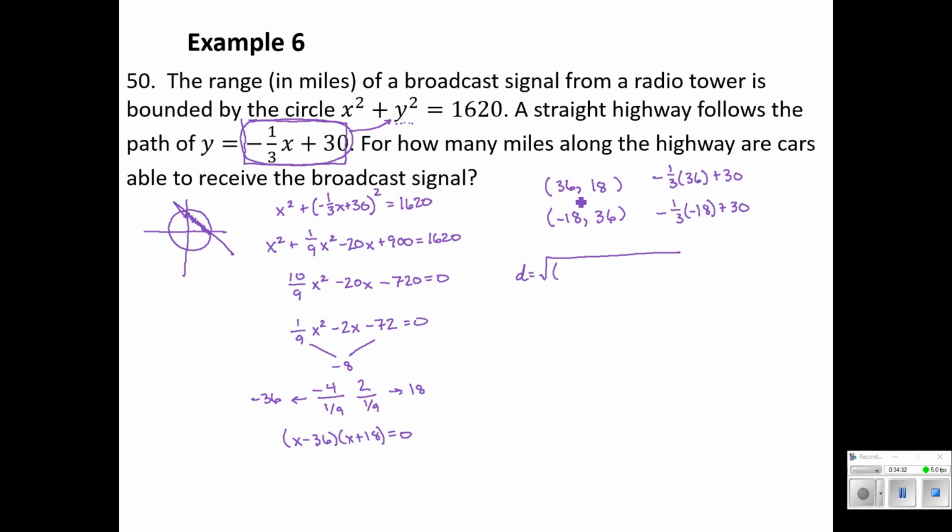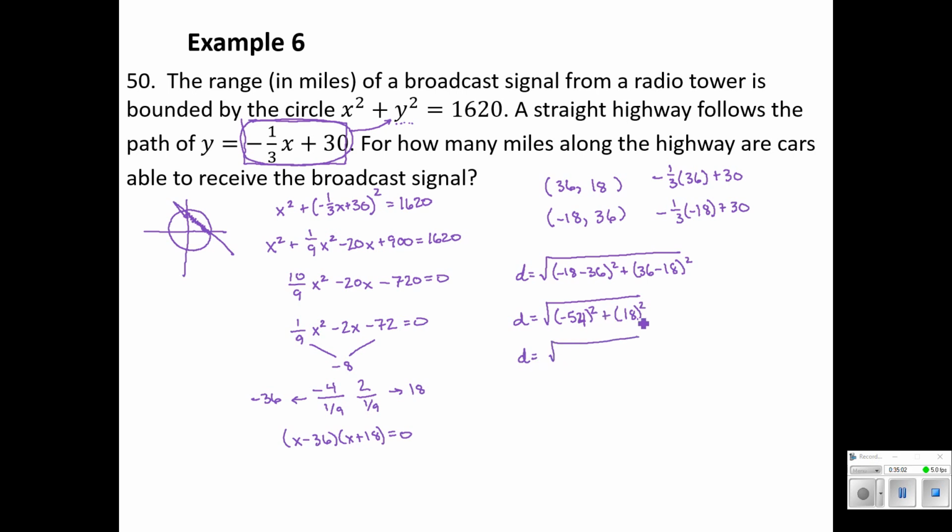I've got x2 minus x1, negative 18 minus 36 squared, plus y2 minus y1, 36 minus 18 squared. All right, if we simplify that, inside I've got negative 54 squared. And the second quantity, I've got 18 squared.